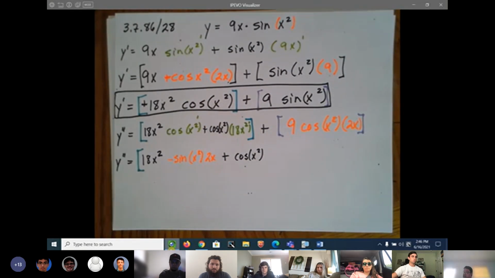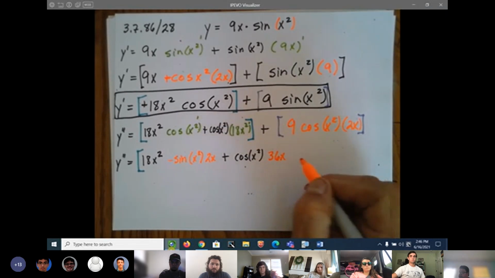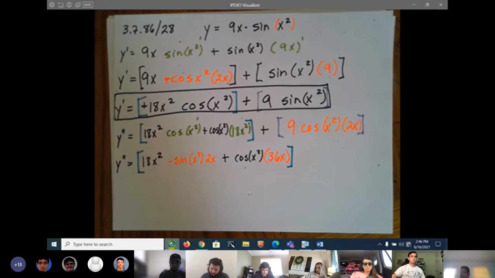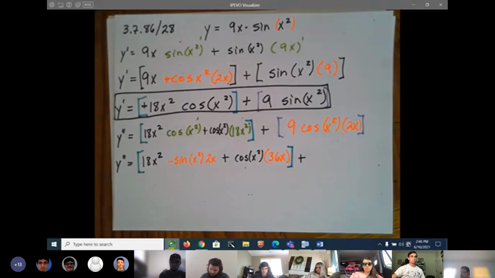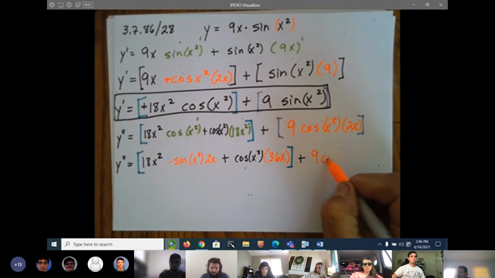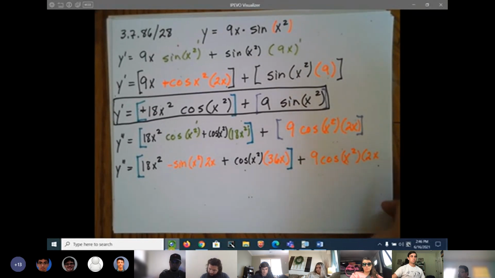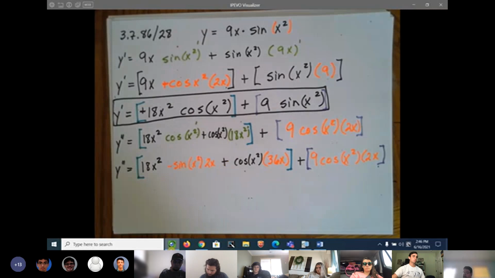And the derivative of 18x squared is 36 what? 36x, Hubert. Plus, and I might as well leave this orange because I just took the derivative of everything, x squared times 2x, and that's in blue, or lavender. And now you're ready to do your algebra.